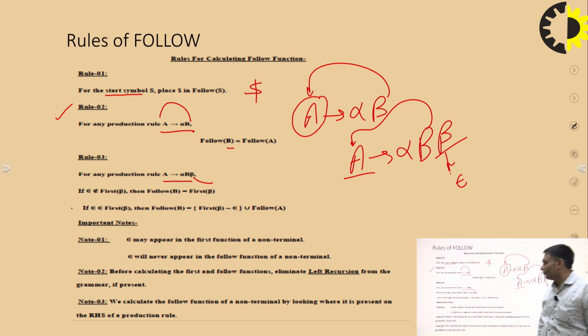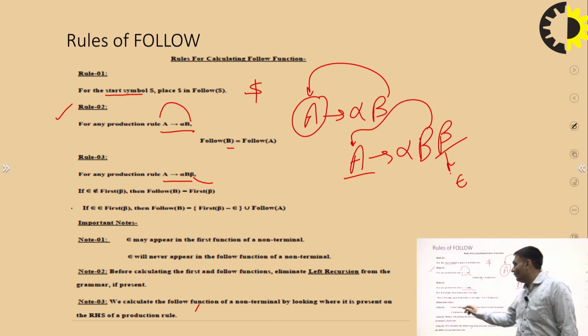So in this way we will calculate the first and follow. And for the follow function of a non-terminal, by looking where it is present on the right hand side of the production rule, we have to note down that every time we will calculate the follow after seeing the right hand side of the production rule.